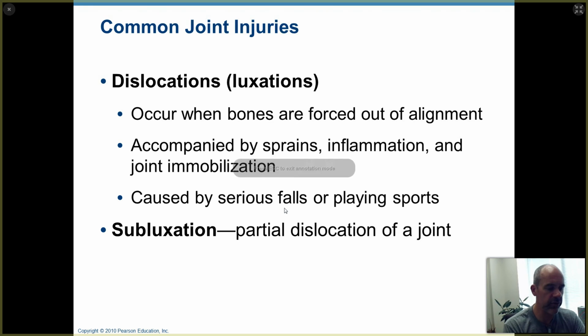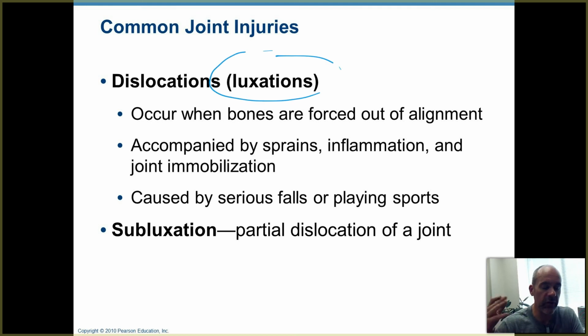All right, dislocated joints. It's another type of common joint injury. These are also called luxations. That's where your two bones are forced out of alignment. And of course, when that happens, you've almost certainly got sprains, where ligaments have been torn or stretched, which is likely what caused the bones to become loose enough that they could luxate or dislocate.